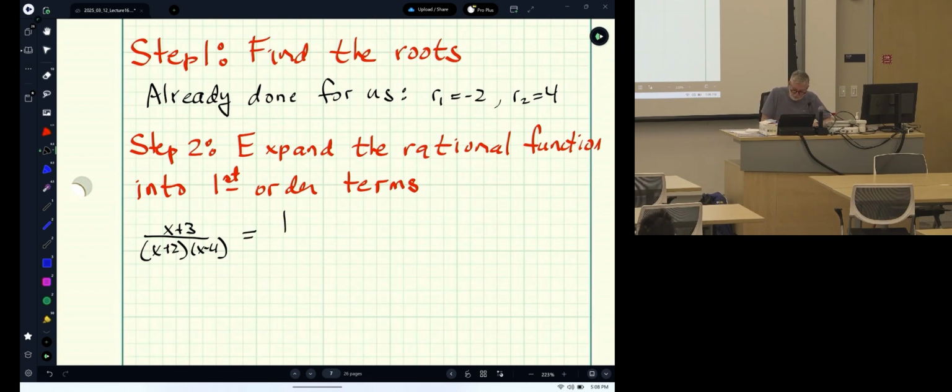Okay, we're going to write this as an unknown constant k1 over x plus 2 plus a second unknown constant over x minus 4. Okay, so this is first order. There's no x squareds, and this is first order.